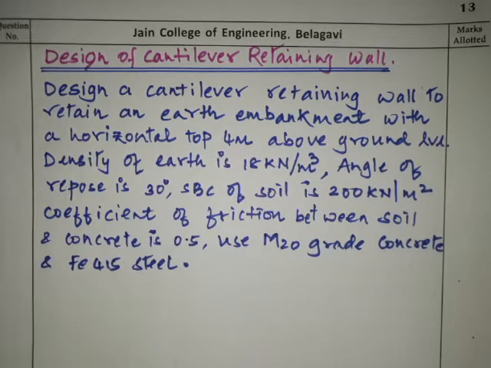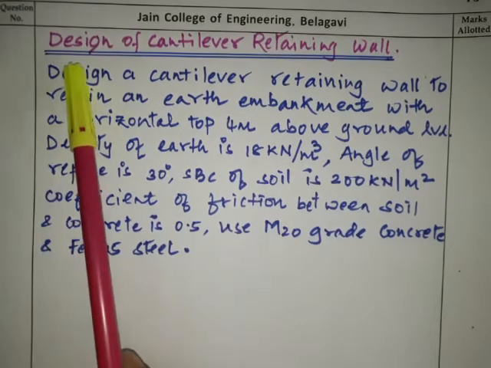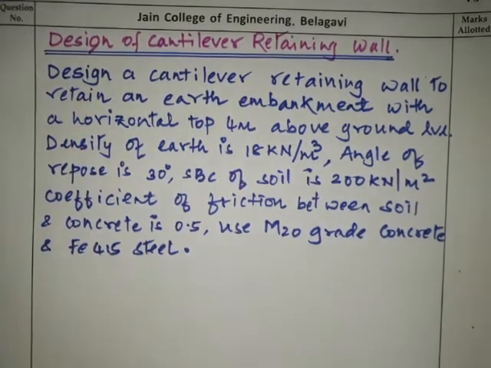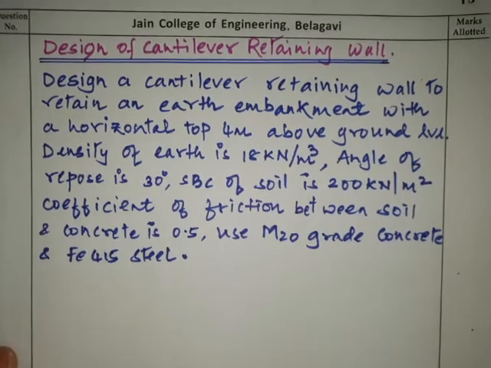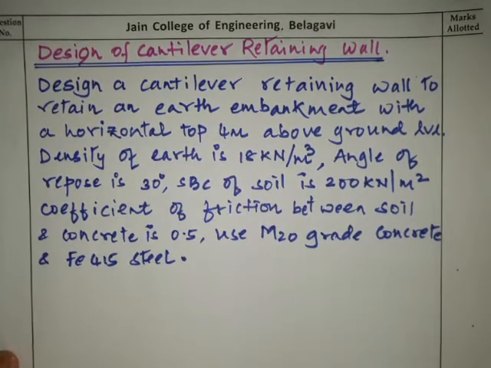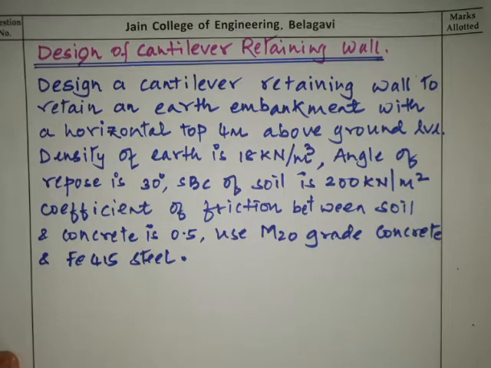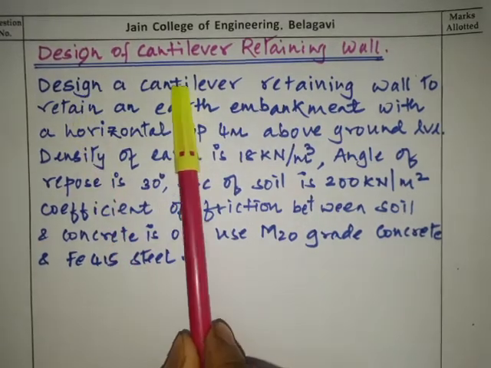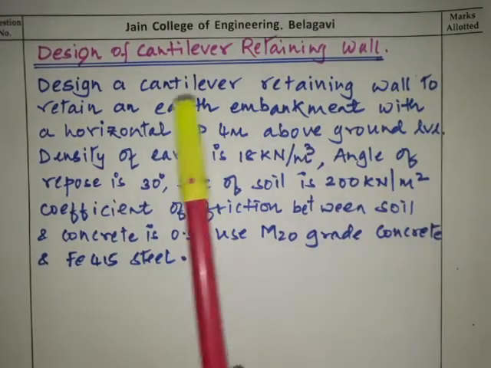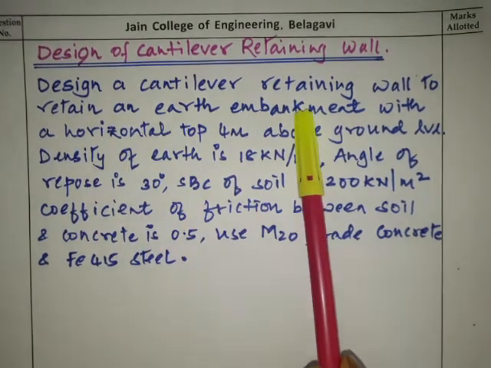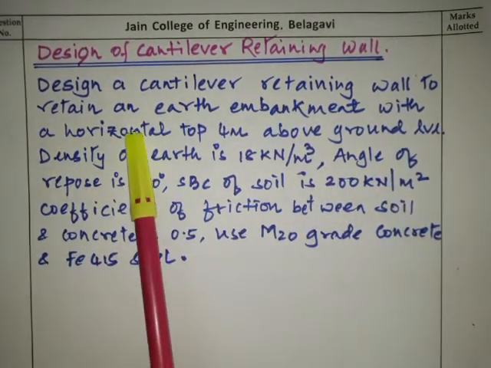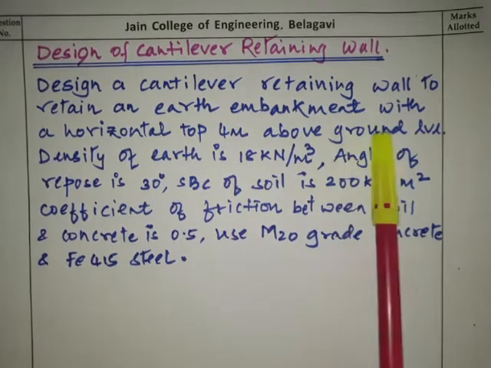So in today's session I am going to begin with the design of a cantilever retaining wall. I will read out the statement of the problem and note down the given data. So here it is given: design a cantilever retaining wall to retain an earth embankment with a horizontal top 4 meter above ground level.